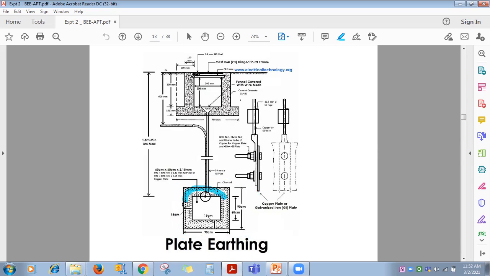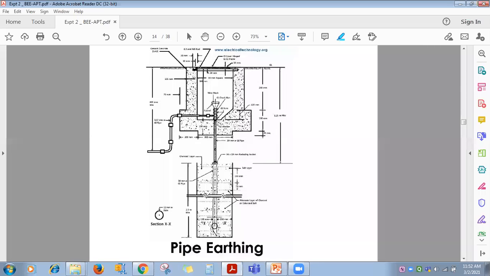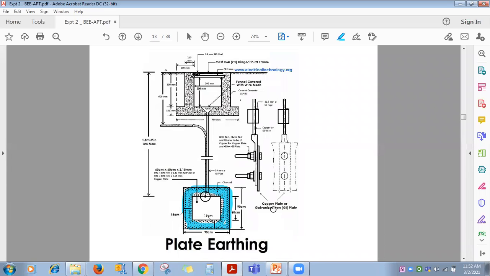Galvanized iron and copper are used for manufacturing this plate, so earthing resistance will be less compared to other materials. Again, you have to select the dimensions of this plate or rod so that R equals rho L by A. Resistance is directly proportional to length and inversely proportional to cross-sectional area.